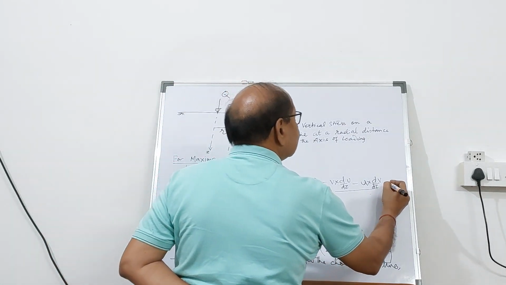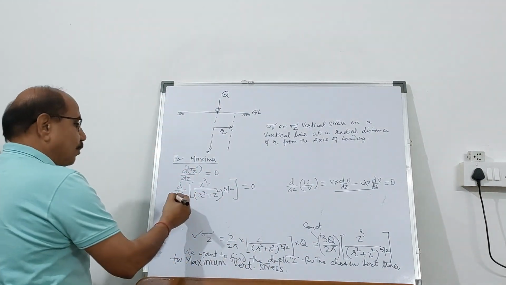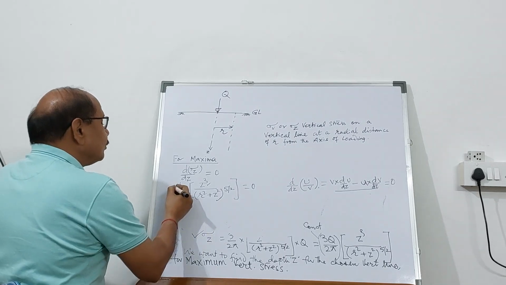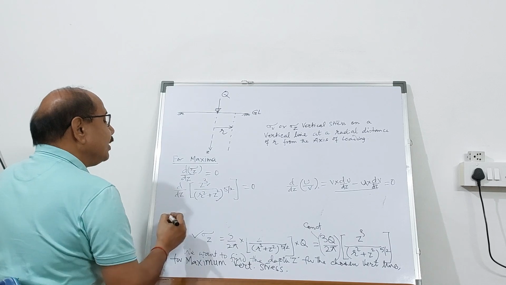So here this has to be 0. Applying this logic, we can find out the derivative. This is going to be u and v.